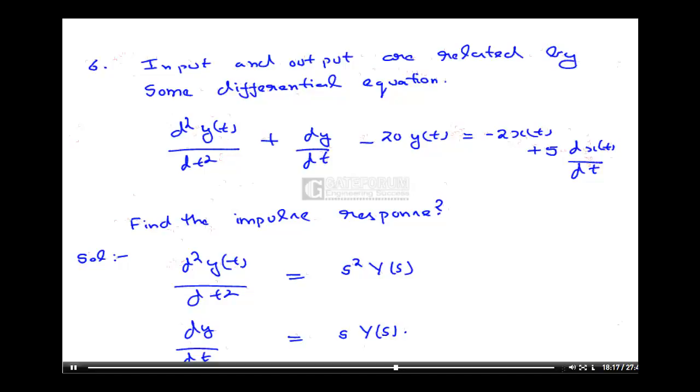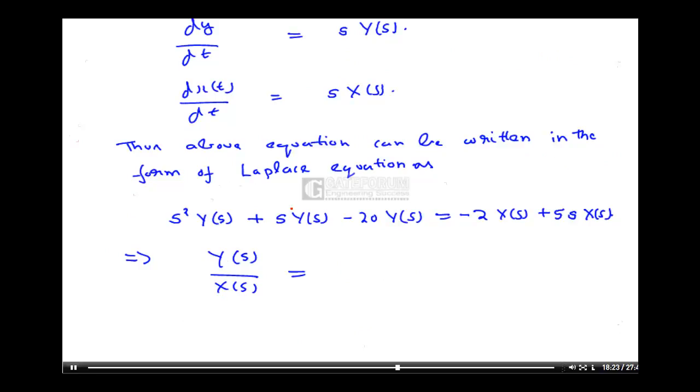This implies that Y(s) upon X(s) is equal to 5s minus 2 upon s square plus s minus 20.